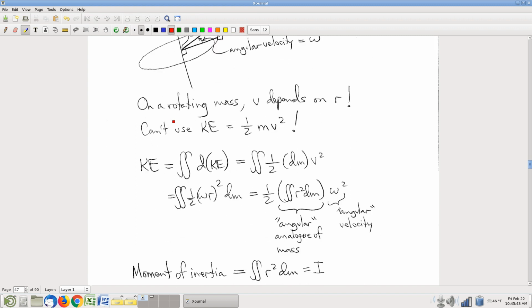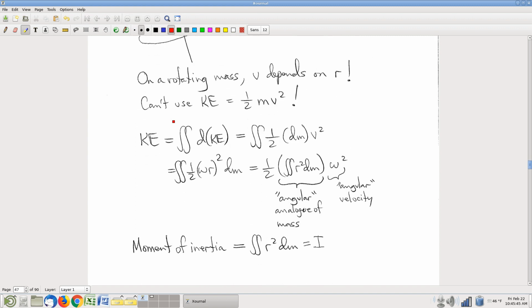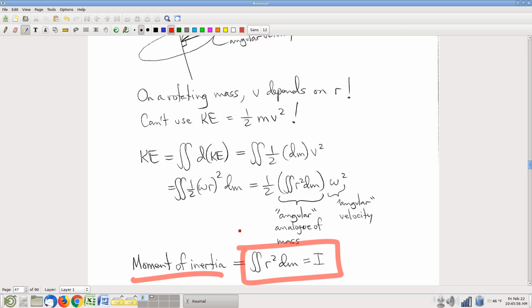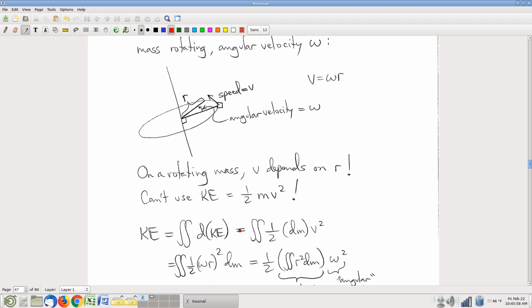But I'm just going to have to go down to the punchline here. This thing that we are interested in here is called moment of inertia. This is a formula for it. It's a double integral of r squared dm. R, what is R, you ask? If you have a mass here, we're going to be doing a double integral over that mass, no surprise.